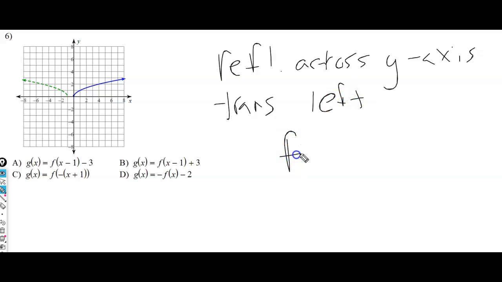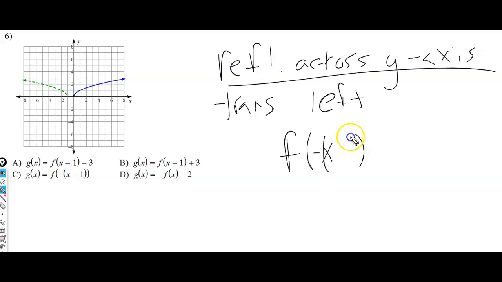Now usually, for your function, if you want to be reflected across the y-axis, you need a negative in front of your x. And if you want it to be translated to the left, then you need a number to be added to your function.